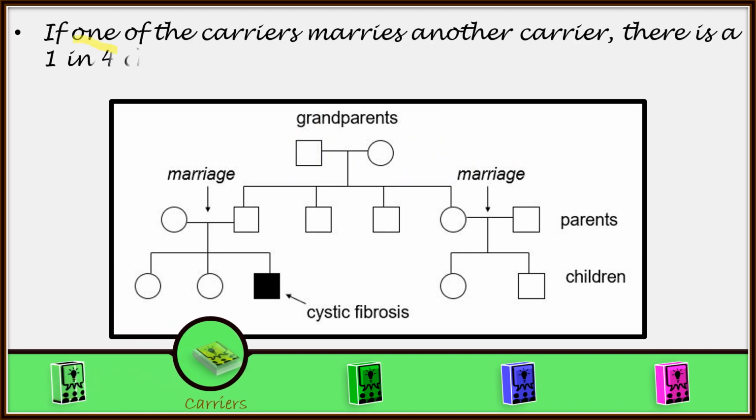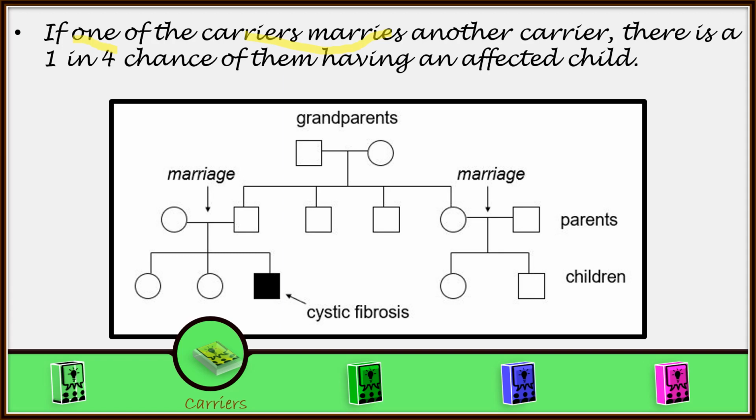If one carrier marries another carrier, there is a 1 in 4 chance of them having an affected child. So if this one is a carrier and this one is also a carrier, there is a possibility of 1 out of 4 children being affected.